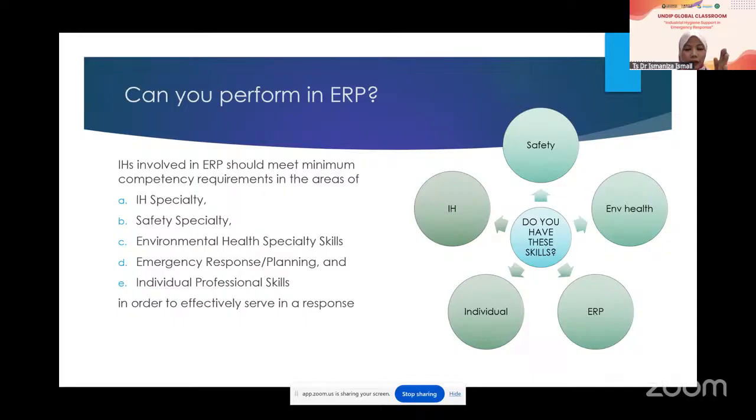Berarti if it happens, then the university would be in big trouble, because why didn't you provide the right control measures for the students, for the workers? So that is why we learn about emergency response. If it doesn't happen, na'udzubillah, we are hoping that it would never happen. But if it happens, then at least we would know what to do.